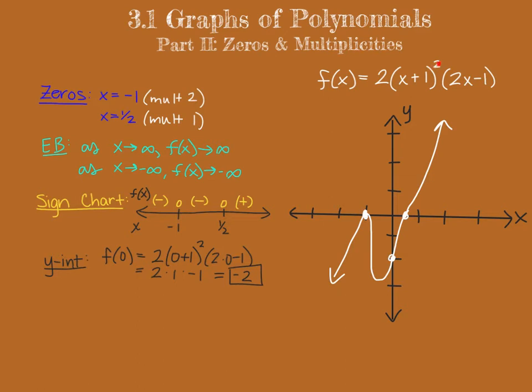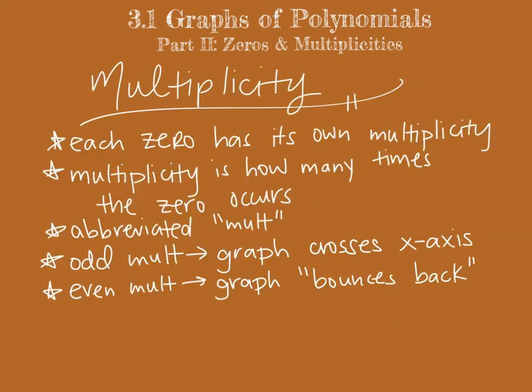That's because the multiplicity there was an even number, 2, at this root, this zero. Then the zero of 1/2 here had an odd multiplicity, a multiplicity of 1. An odd multiplicity means that your graph crosses the x-axis. It does not bounce back. Let's explore multiplicity in greater detail.